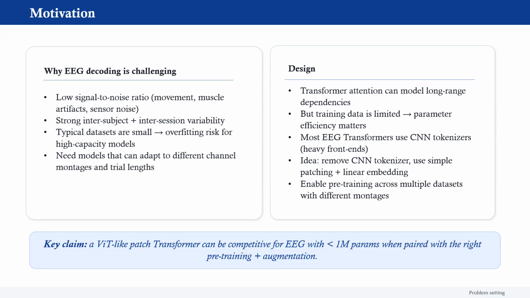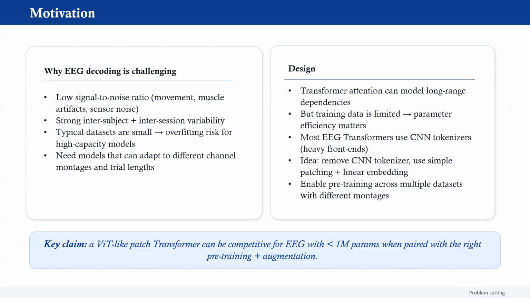Essentially the core idea of this paper is: can we keep the benefits of a transformer backbone while making the front end more lightweight and more adaptable? So essentially a parameter efficient patch-based transformer that can naturally accommodate different channel montages and trial lengths.